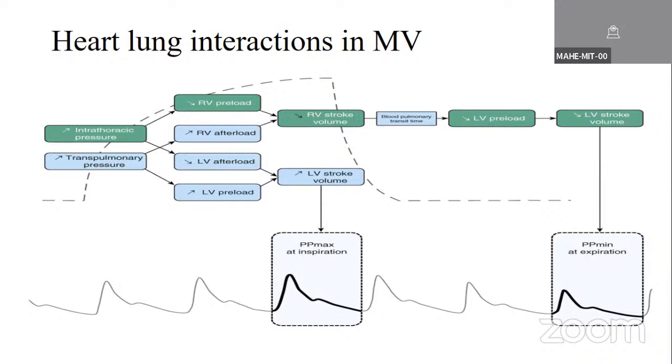We see in mechanical ventilator patients, initially during inspiration there is a rise in intrathoracic pressure, which causes a decrease in the venous return, causing decreased RV preload, and this decreased RV preload causes low stroke volume.